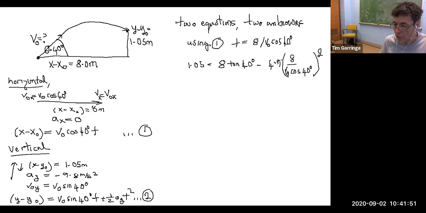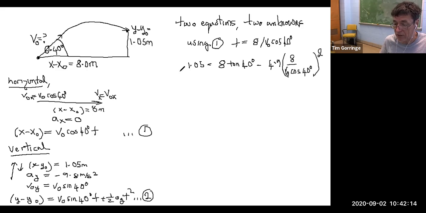The minus 4.9 is when I substitute in minus 9.8 meters per second squared for the acceleration, and so it's just half of that. And the 8 divided by v naught cosine 40 degrees, well, that's just this expression for the time. And of course, that's squared.